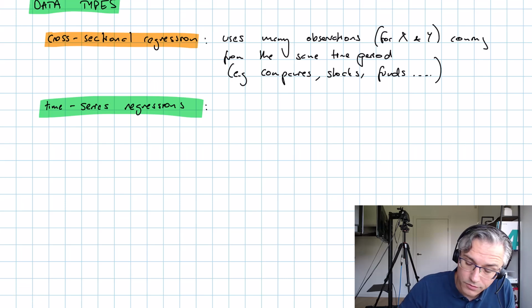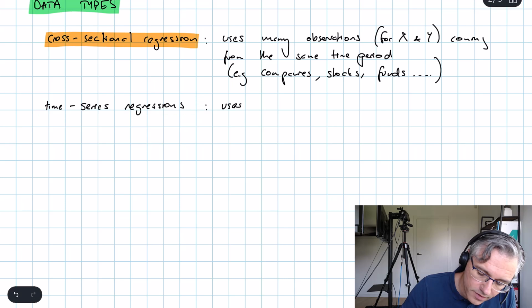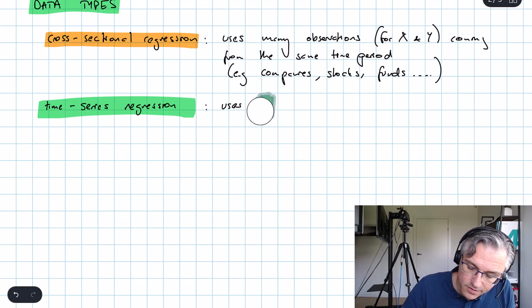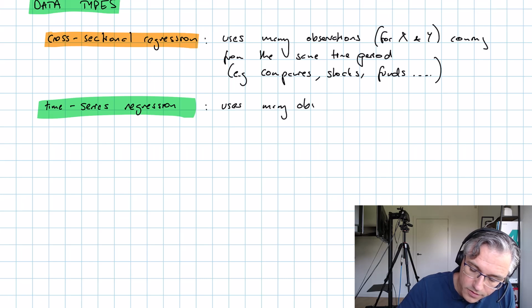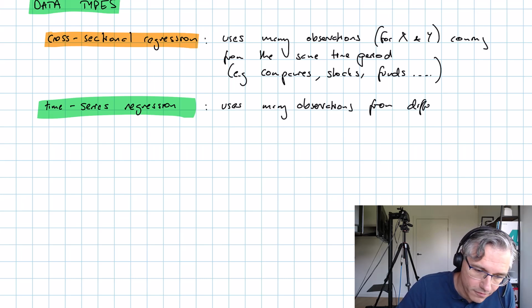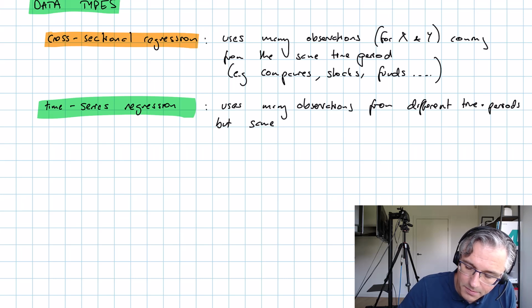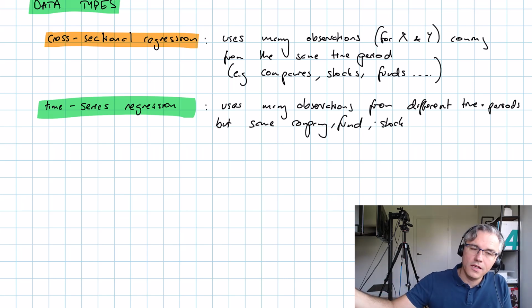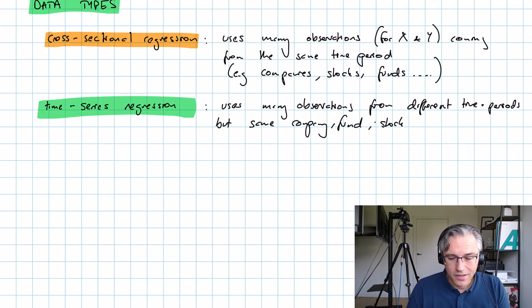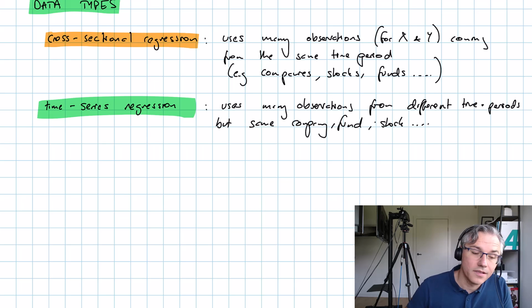This type of regression, so probably I should have singular here instead of the plural, time series regression uses many observations, obviously for x and y, but from different time periods, but for the same company, the same fund, the same stock, and seeing how something behaves over time when the explanatory, the independent variable changes. That's going to be time series data.